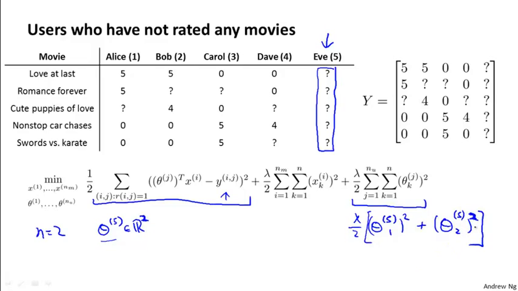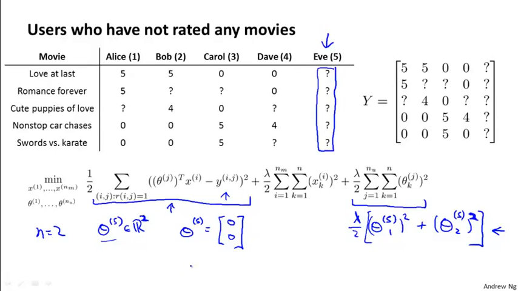And of course, if your goal is to minimize this term, then what you end up with is just theta 5 equals 0, 0, because the regularization term is encouraging us to set parameters close to 0, and there is no data to pull the parameters away from 0, because the first term doesn't affect theta 5. We just end up with theta 5 equals the vector of all zeros.